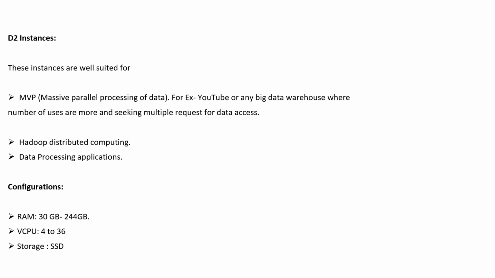The use of these instances is in MPP, massive parallel processing of data. For example, those organizations where consumption of data is more, like YouTube or any big data warehouse, like Facebook or Twitter, in which multiple people are using, downloading, uploading and sharing data.